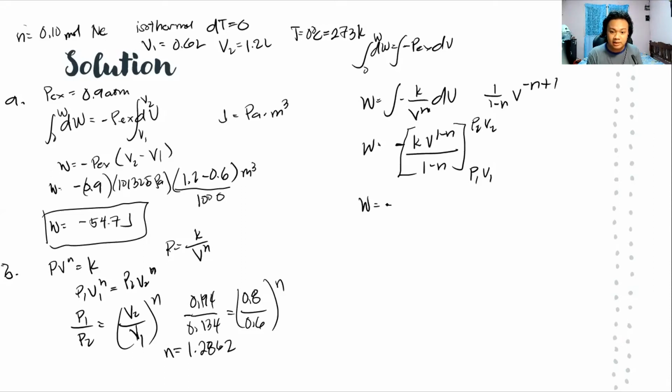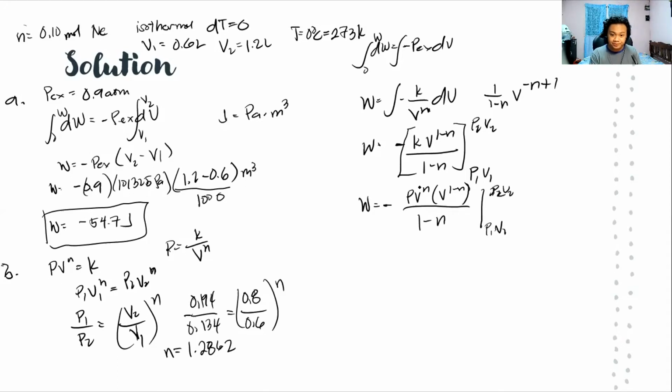And then let's substitute the k here for PV^n. So negative PV^n V^(n minus 1) over 1 minus n, and then we have P2 V2.